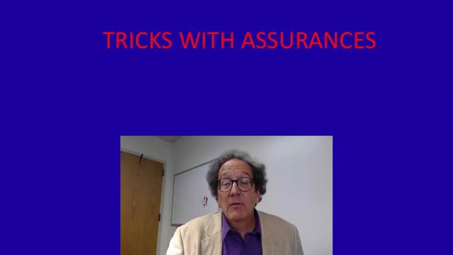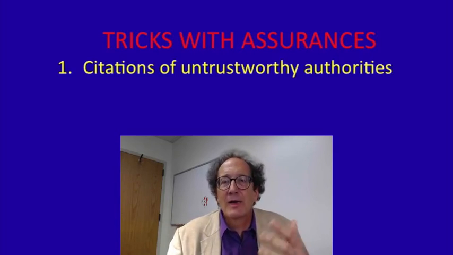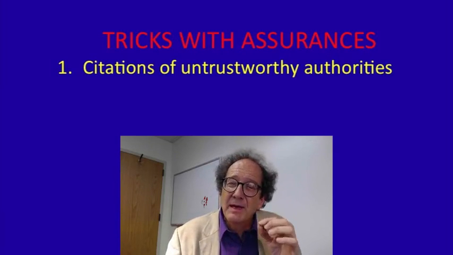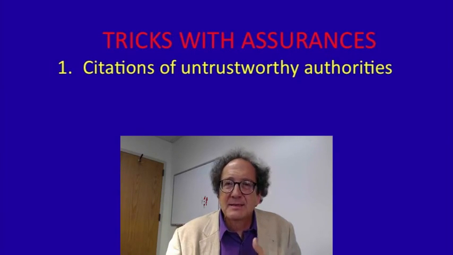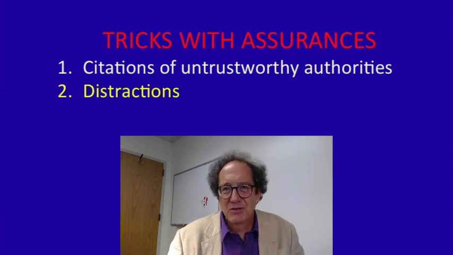So assuring can be a really useful tool in argument. But you have to be careful, because assurances are also subject to a lot of tricks that you have to learn to watch out for. We've already seen that you can cite authorities that aren't trustworthy, and that's kind of obvious. But something that's maybe a little less obvious is that people use assurances at points in their argument in order to distract you.